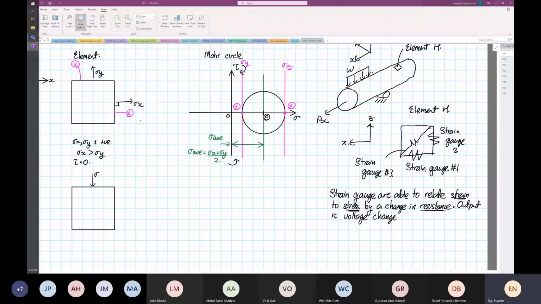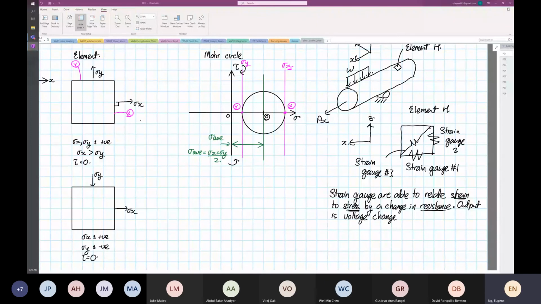This is stress Y, and over here is our stress X. Stress X is pointing away, so it's tensile, positive, and stress Y is negative. Again, our shear is equal to 0.